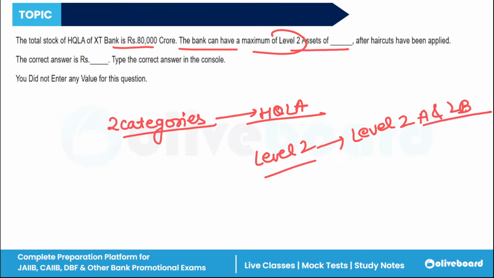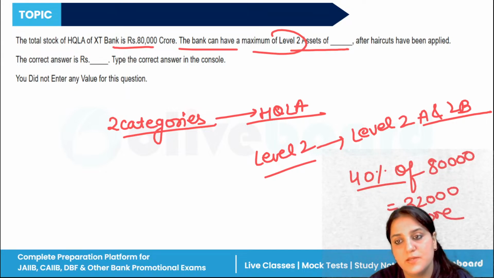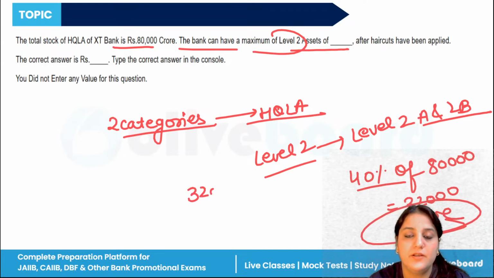So I can say here Level 2 can be here after deducting the 40% of 80 crores, because we have to apply the 40% haircut on the 80 crore, which is equals to 32,000 crore. So this is the answer here, 32,000.